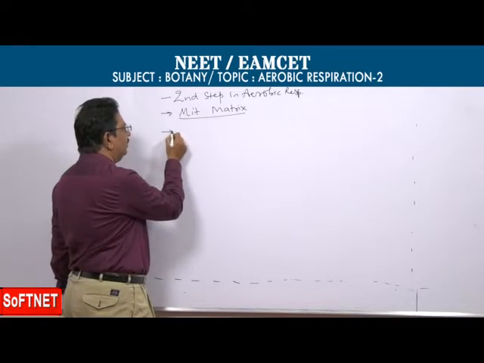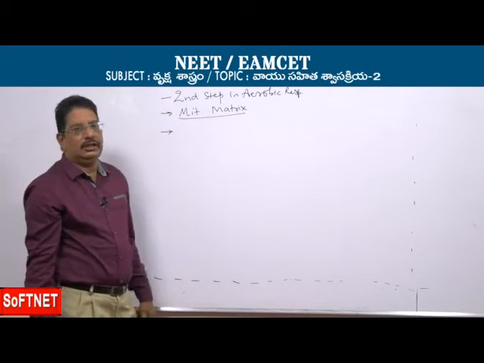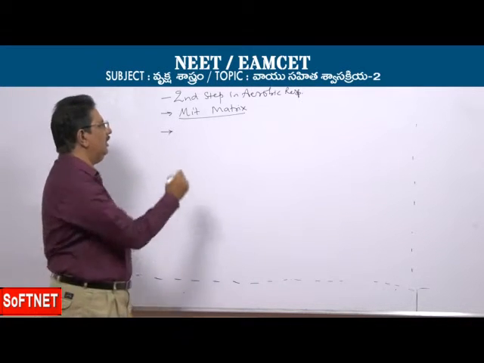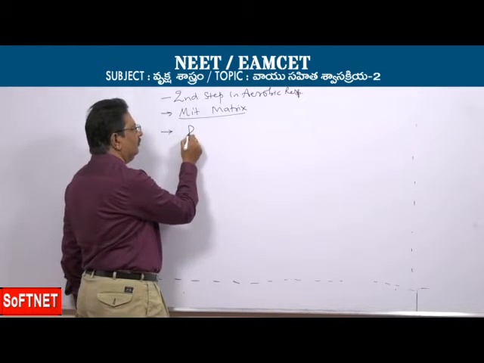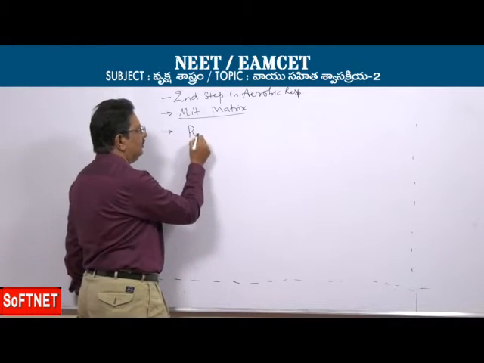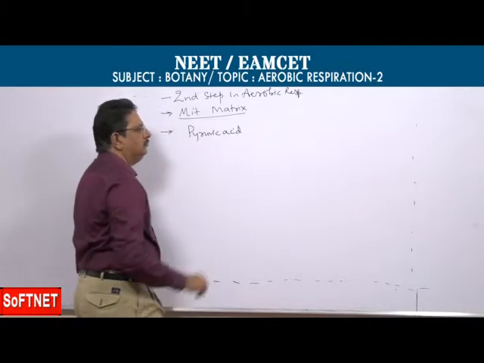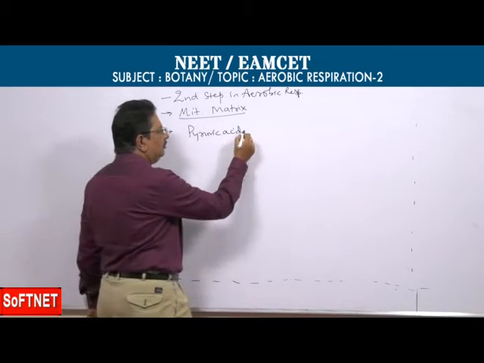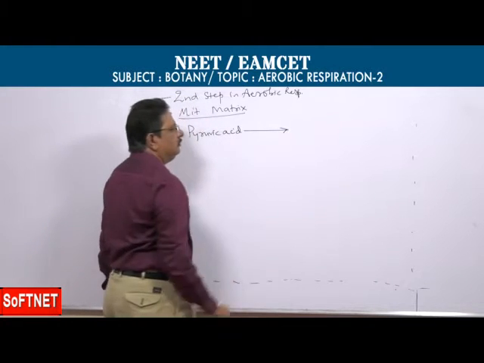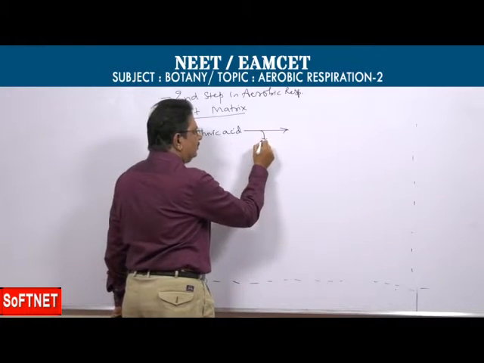And what happens during this link reaction? In this reaction, the product of glycolysis, which is called pyruvic acid, is oxidized.